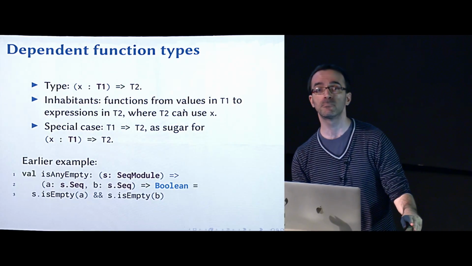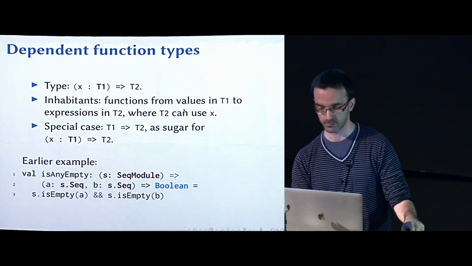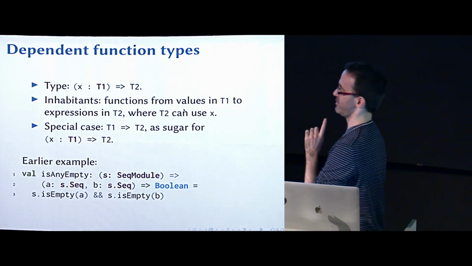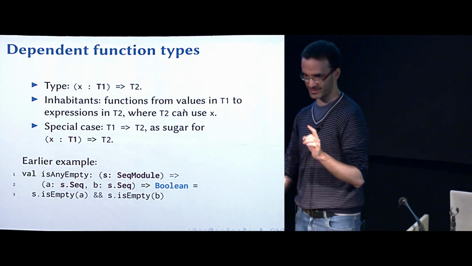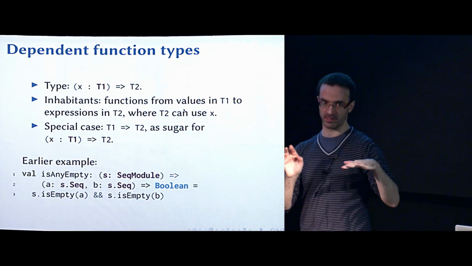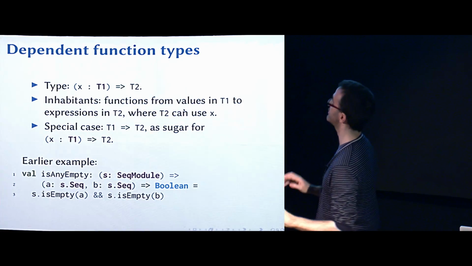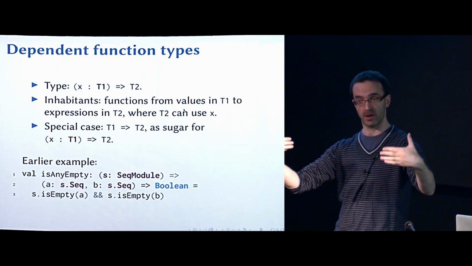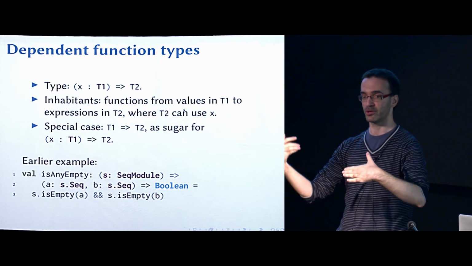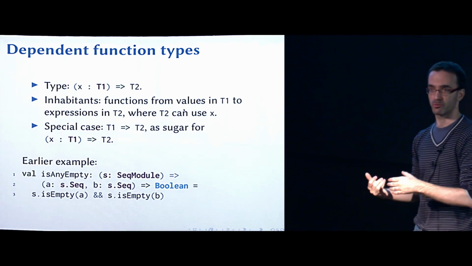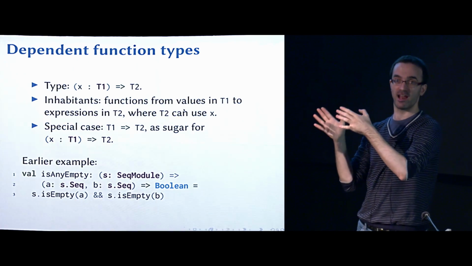Are these full-on pi types, or are these path-dependent function types? These are path-dependent function types. Scala has path-dependent types and not dependent types, and the reason is that when you apply a path-dependent function, you can only apply it to a path, which is something already treated as a value.